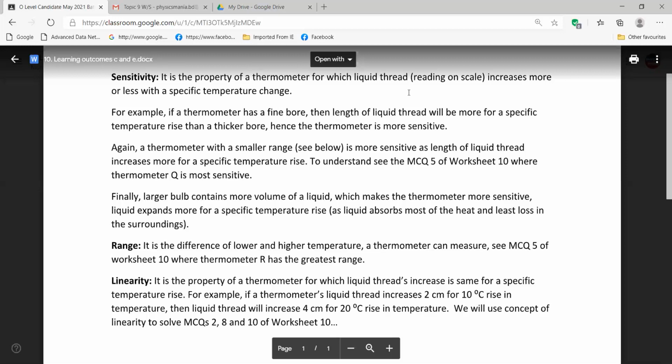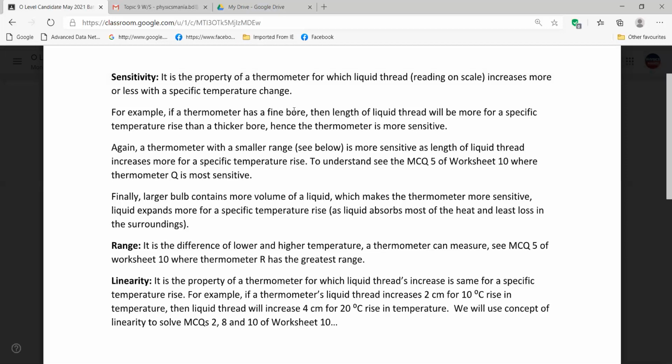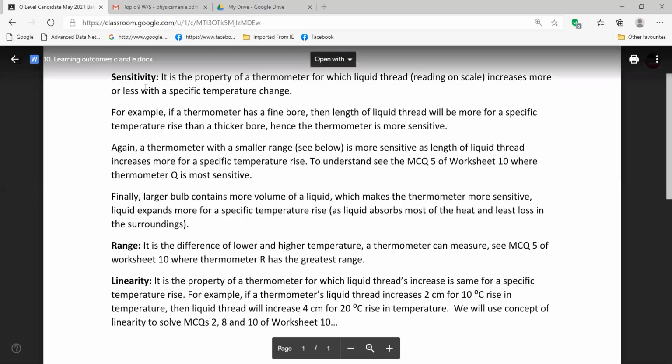Is it clear? It is possible if the thermometer has a fine bore. Fine bore means its diameter is smaller. The thermometer's diameter is smaller, that time we are having the fine bore. Can you please write it on your copy quickly?